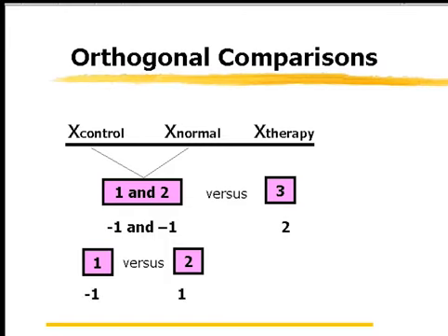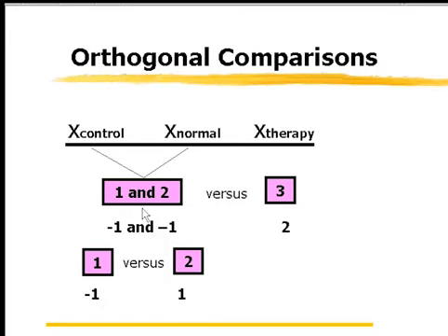So in this instance they would be coded a -1 and a 1 to make those comparisons. So again, in the first instance we used these two right here. This is why it's not the same information. We used the information from these two together versus the therapy. So this is the combined information between the controls and the normals.